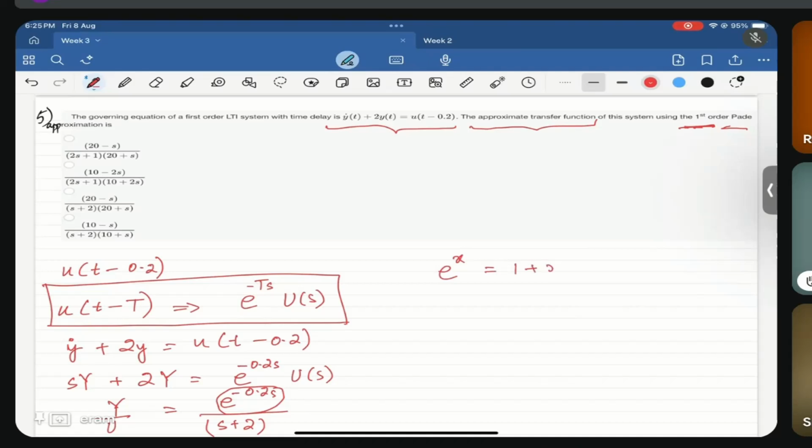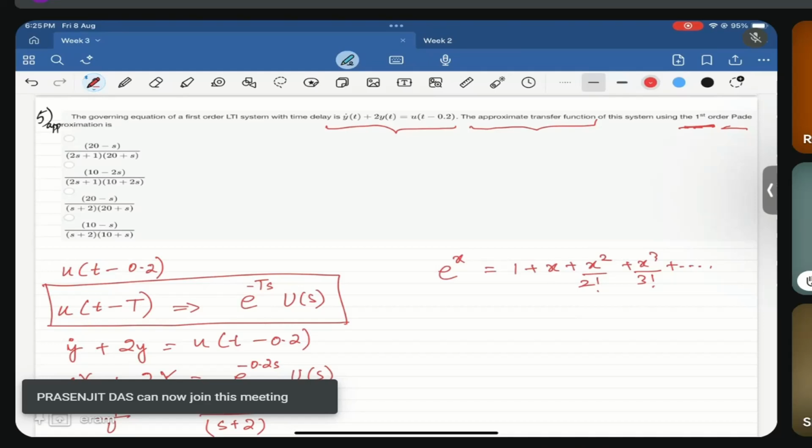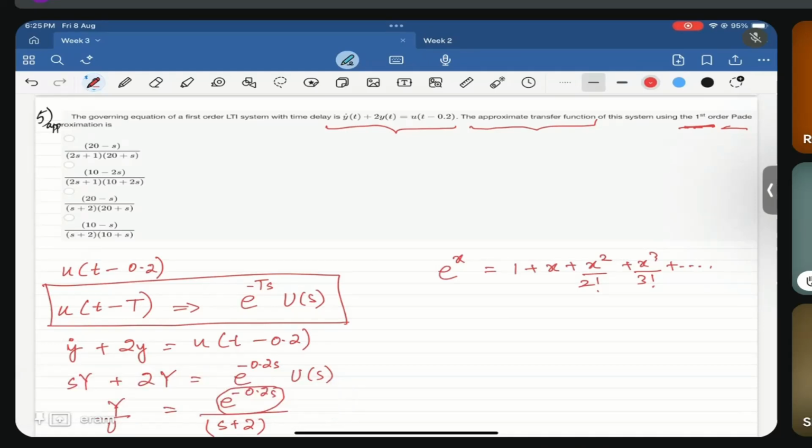It is 1 plus x plus x square by factorial 2 plus x cube by factorial 3, up to n terms, up to infinity we can go, but we have to approximate it to first order, right? So the first order approximation will be 1 plus x only. Now in this case we have something like e to the power minus x, so it will be what?